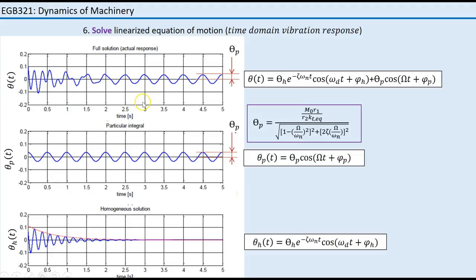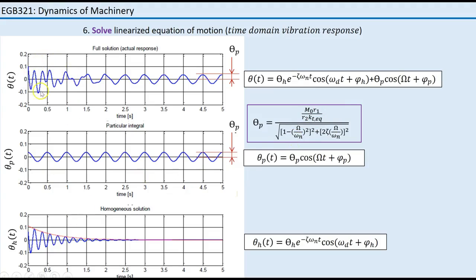If we want to draw the vibration graph qualitatively, it will look like this. This part is called the transient solution and this part is called the steady state solution, and this equation is the representation of this curve. But this steady state solution consists of only the particular solution, which can be expressed like this, and we already know the amplitude for our case is like this.